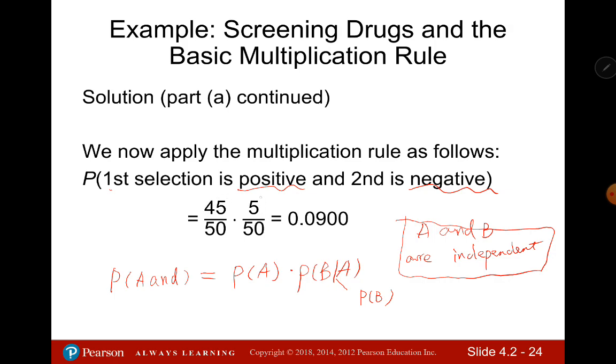For the second one, it will not be affected by event A. It's 5 over 50. Remember, only if A and B are independent can we simplify our multiplication formula to P(A) times P(B). Because here P(B) and P(B given A) are just the same thing, since P(B) will not be changed with condition or without condition.